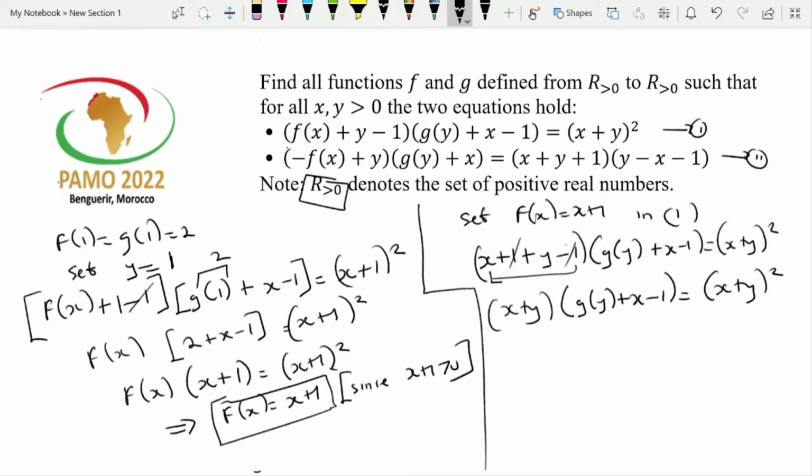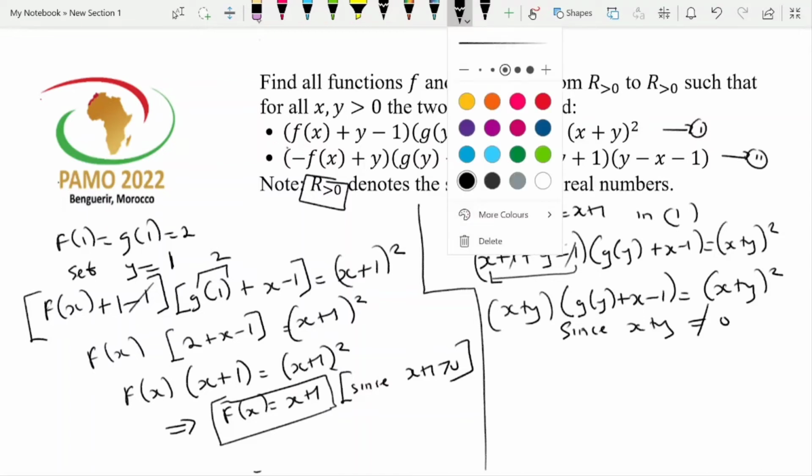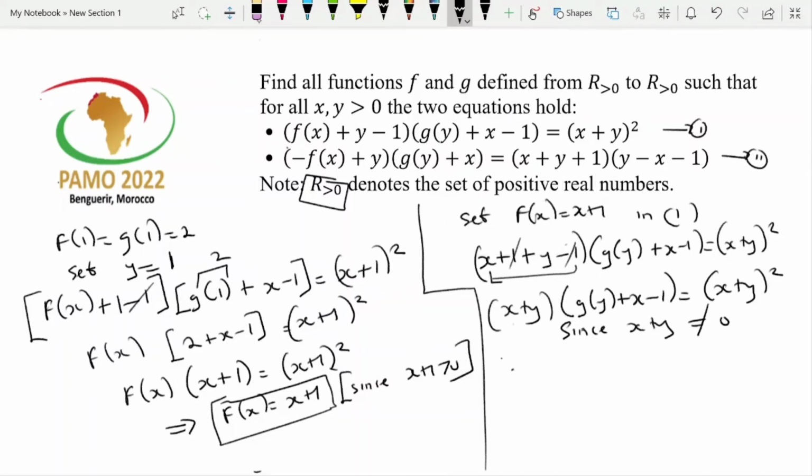And then I can divide through by x plus y again. Let me write out the reason: since x plus y is not equal to 0 on any conditions, this implies that I can divide through by x plus y, so I have something like g of y plus x minus 1 equals x plus y.